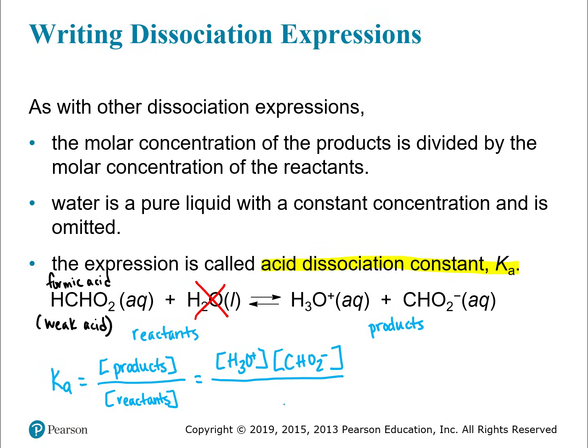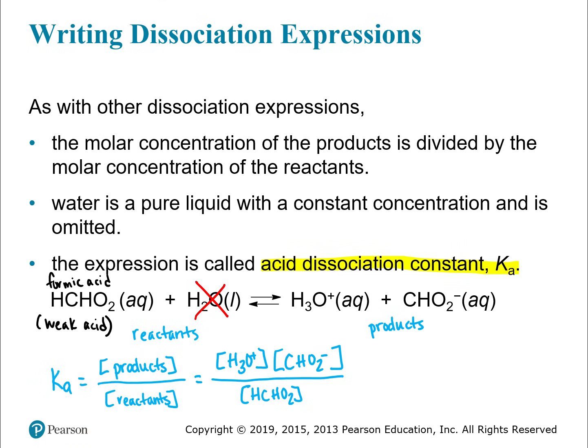On the bottom, we're going to write all the reactants that are not pure liquids. So remember that red X on the water? We don't care about it, so we're not going to write that there. All we're going to write in the denominator is the formic acid, which is our weak acid. Whenever you're writing a Ka, this is the form that it's going to take.